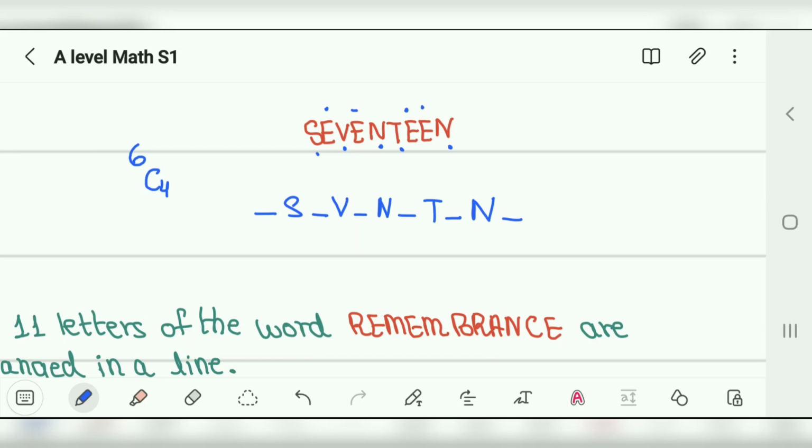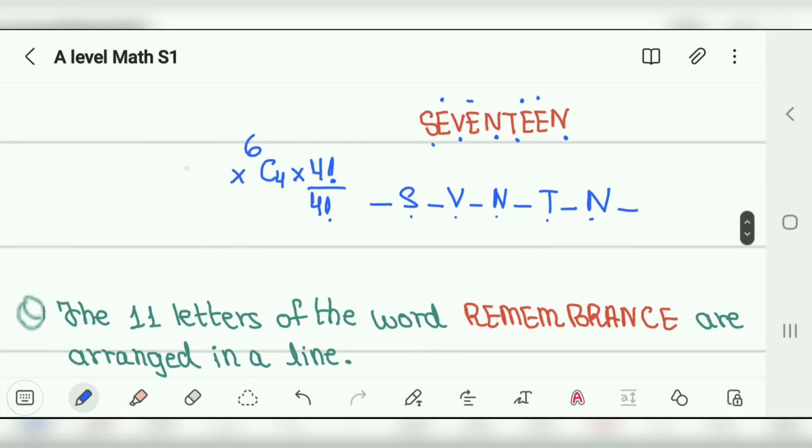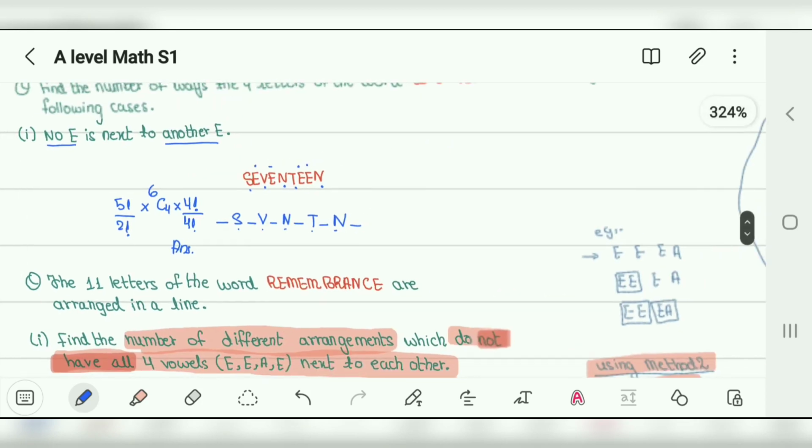Then after taking those gaps, you make an arrangement of these 4 E's, but since they are all similar, there's repetition, so divide by 4!, which cancels out. Then we're going to shuffle the other letters as well, so 5! over 2!, because there are 2 N's repeated. I think this is the answer. Yes, definitely, this is the answer. I've checked it.